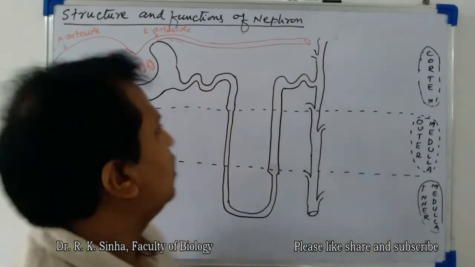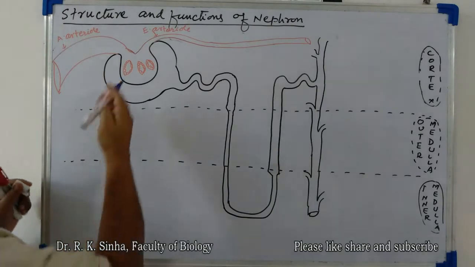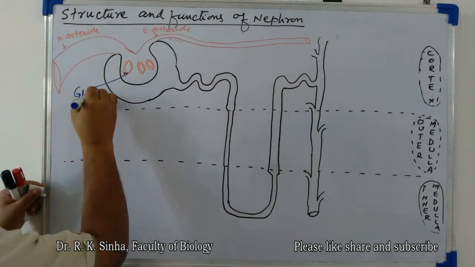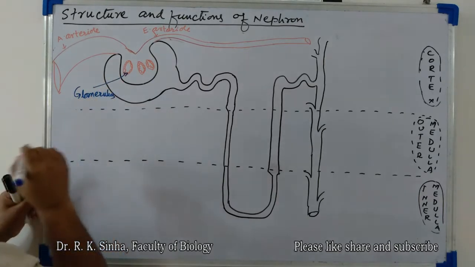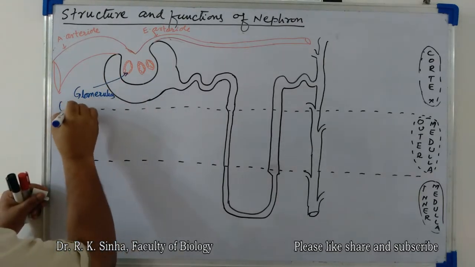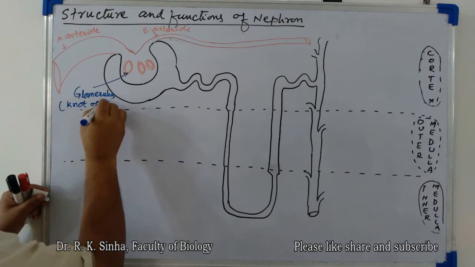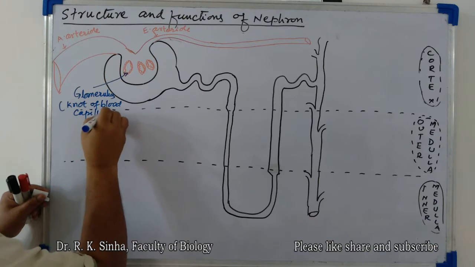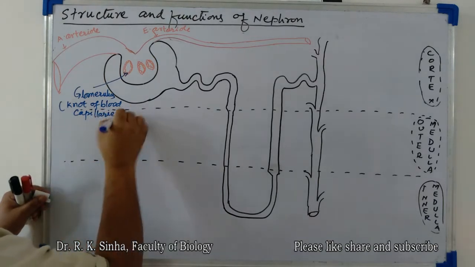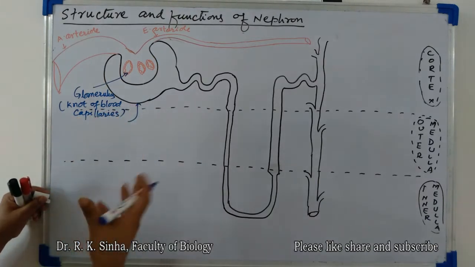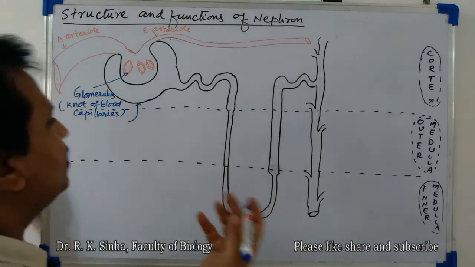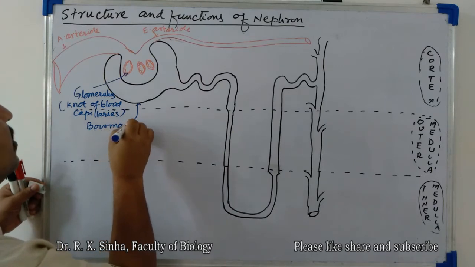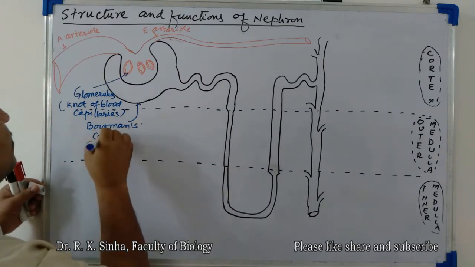So this is the glomerulus, meaning the knot of blood capillaries, and this is the cup-like structure, and this cup-like structure is Bowman's capsule.